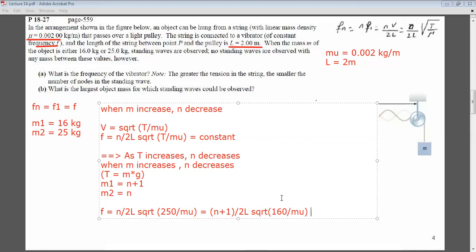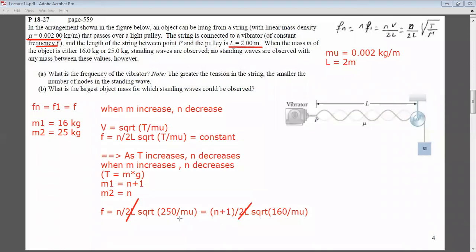Now the frequency is constant, and here I can remove some terms because 2L is 2L, so I can delete it.